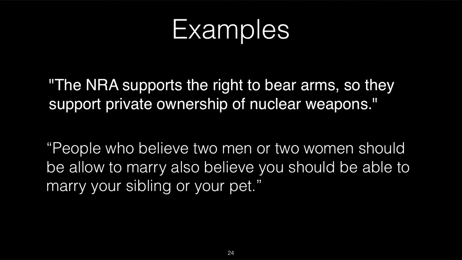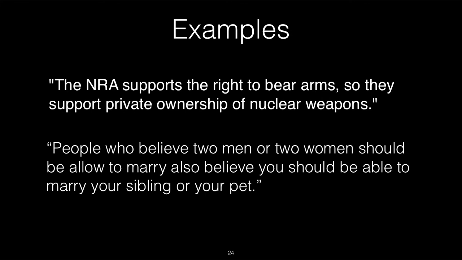If there's nobody that actually holds that view, then to attack the NRA's views on gun ownership based on the idea that they also endorse the ownership of nuclear weapons is to commit a straw man fallacy. Right? Now, this would be different if somebody actually said that they support that.